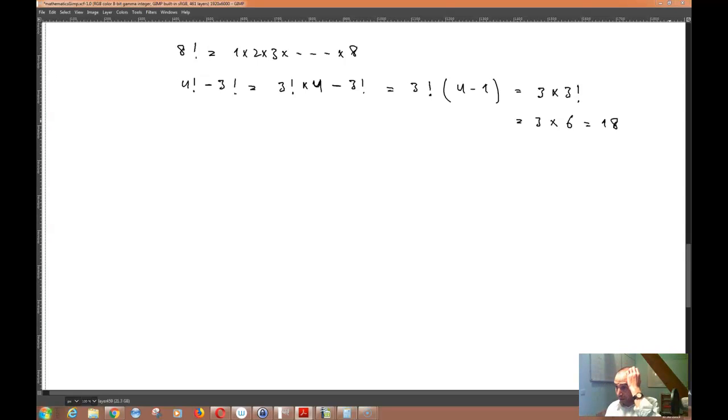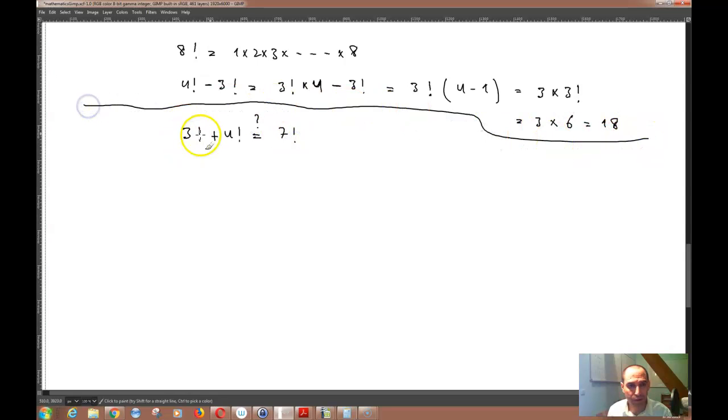Okay, and then for example, question number 2, you want to know whether 3 factorial plus 4 factorial is equal to 7 factorial.